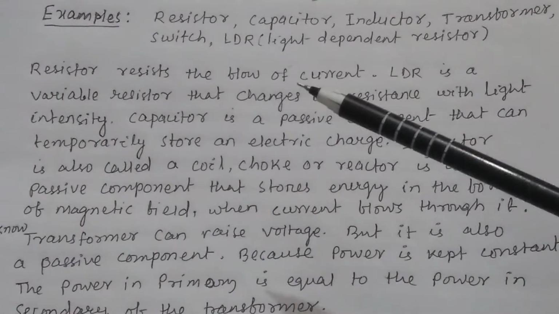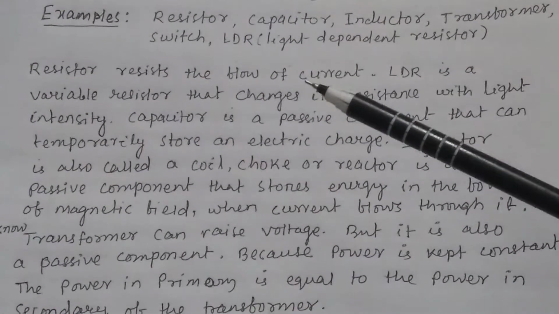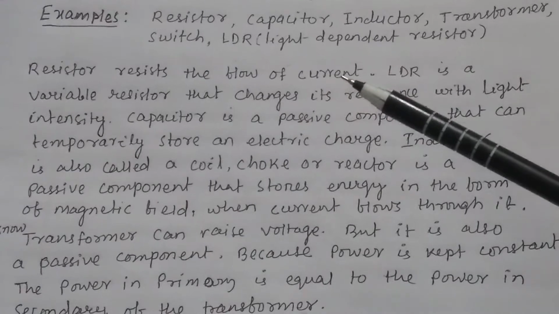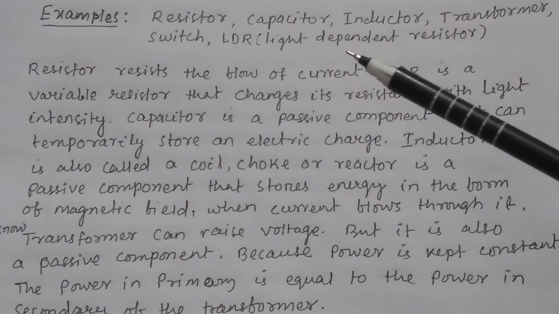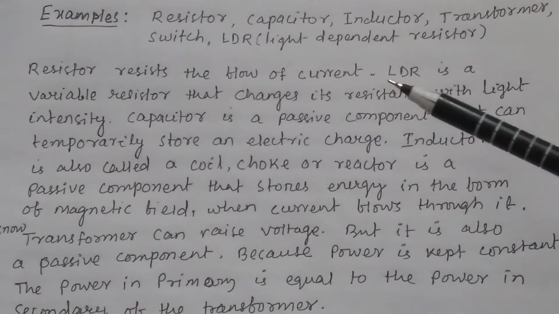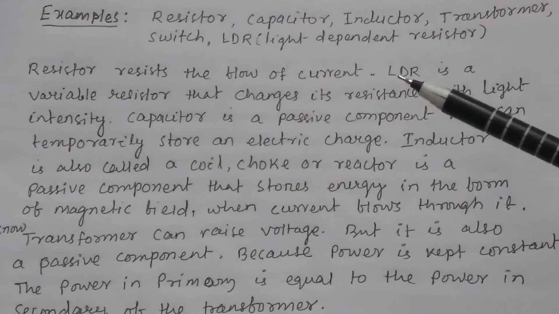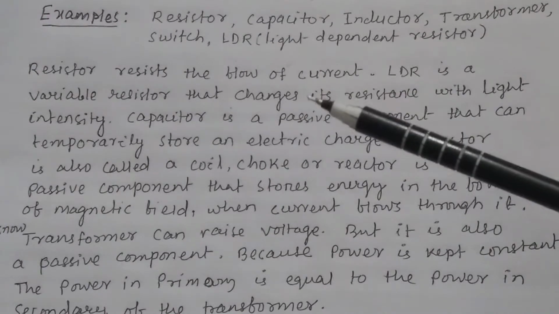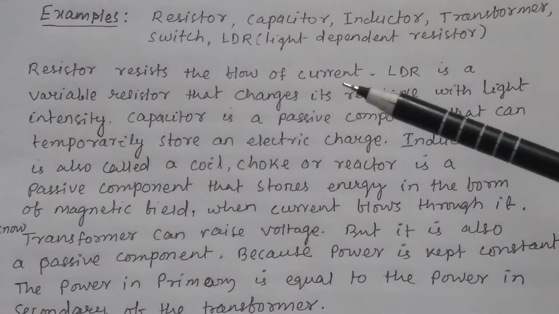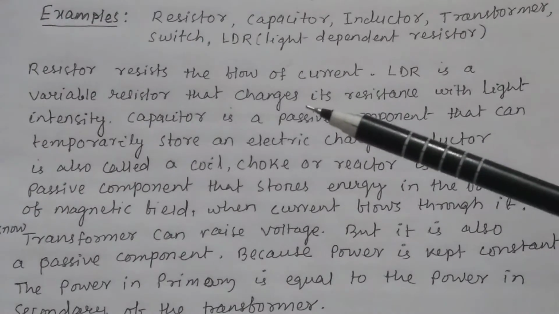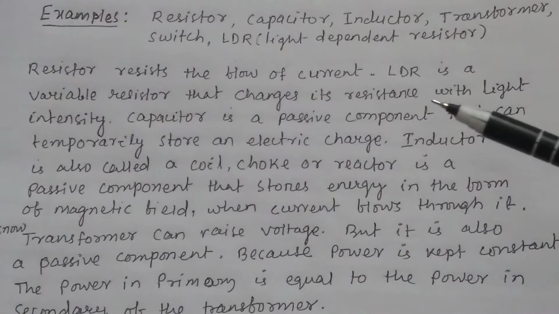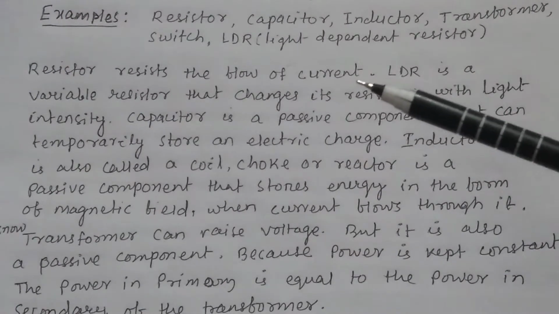As we know, resistors only resist the flow of current. That is why resistors are called passive components. An LDR or light dependent resistor is a variable resistor that changes its resistance with light intensity. When light intensity changes, the resistance of the LDR changes.